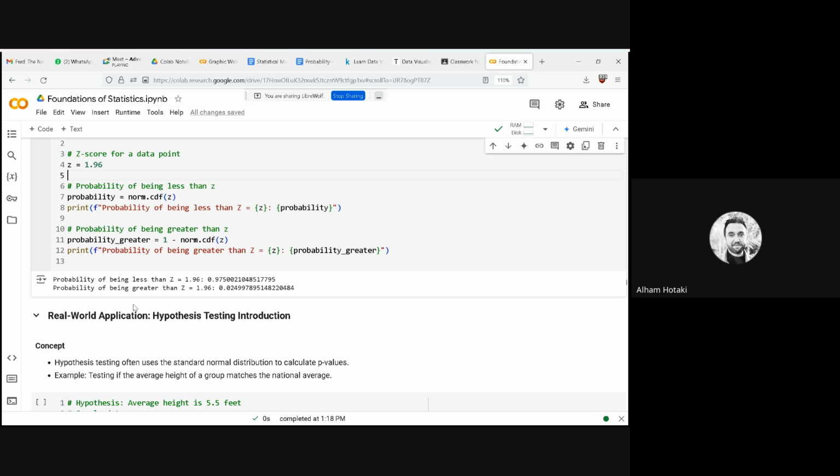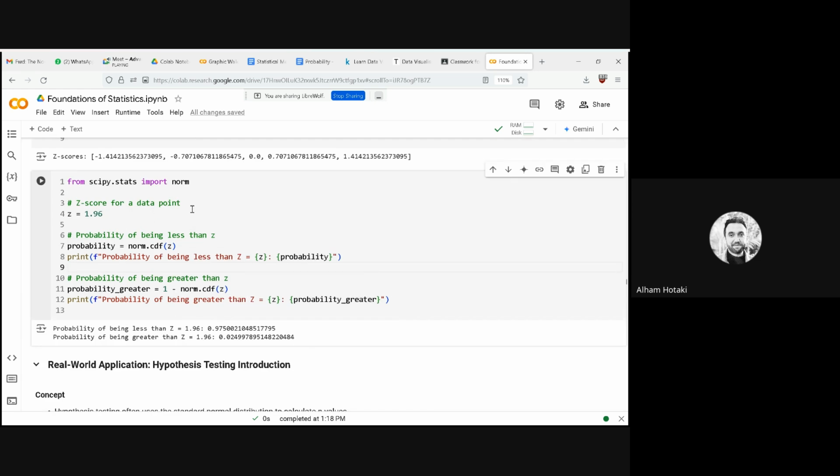So the probability of being less than z, which is 1.96, is almost 0.97. And the probability of being greater than z, 1.96, is 0.025.